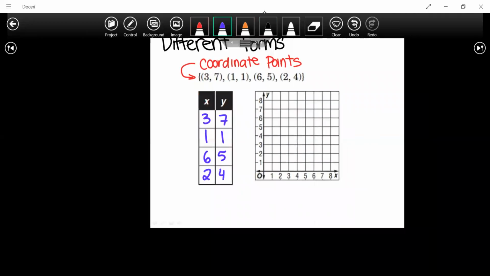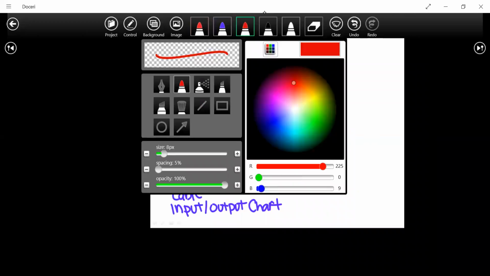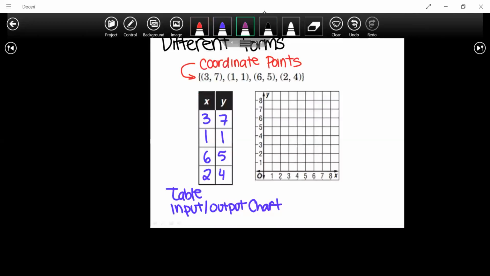This is called a table, or input/output chart. And the last one I'm hoping you guys can get is the graph.